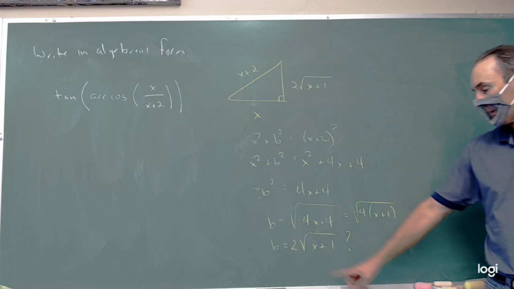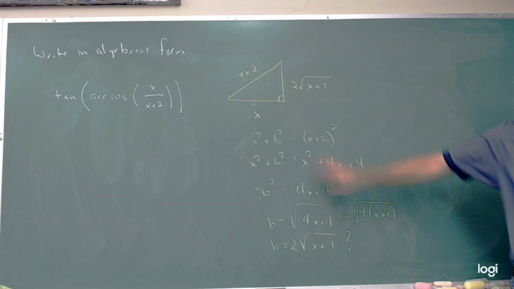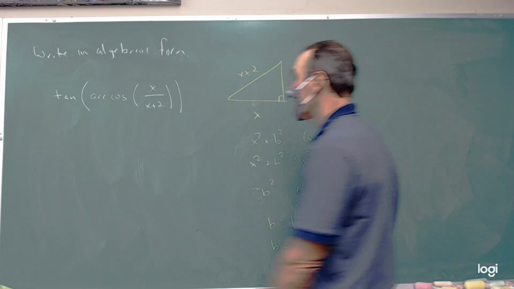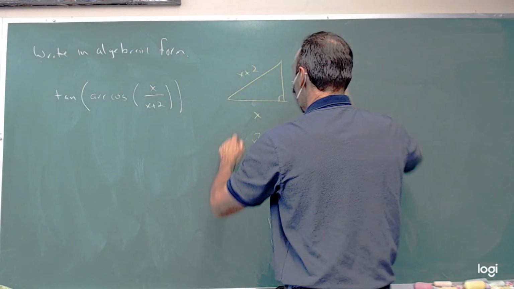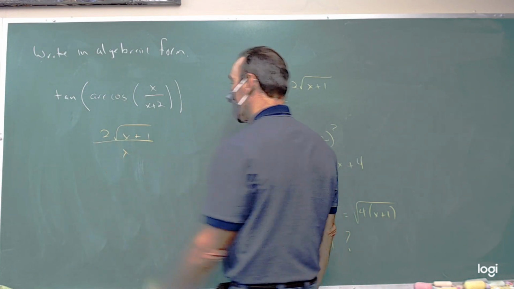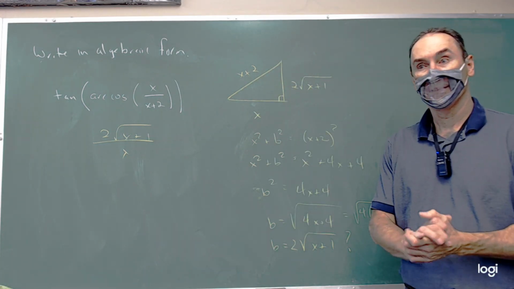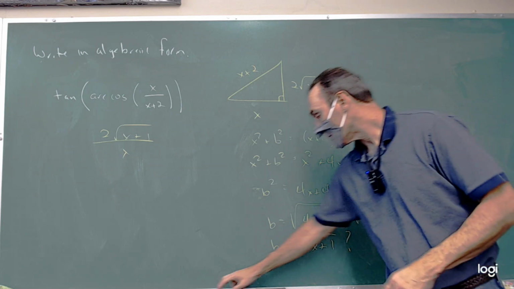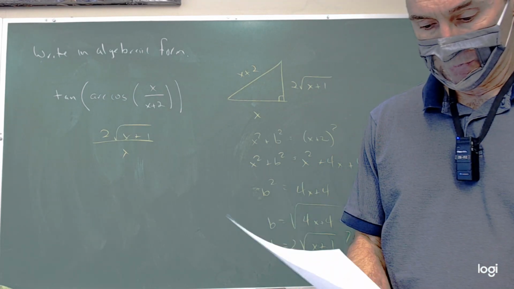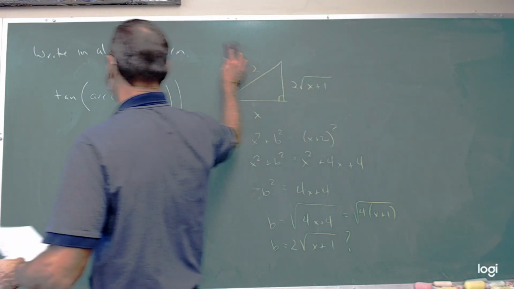The square root of 4 comes outside the radical as 2 times the square root of x plus 1. So we could call that the opposite side. Now the tangent is going to be the opposite over adjacent. So that is going to be there. Is that okay?